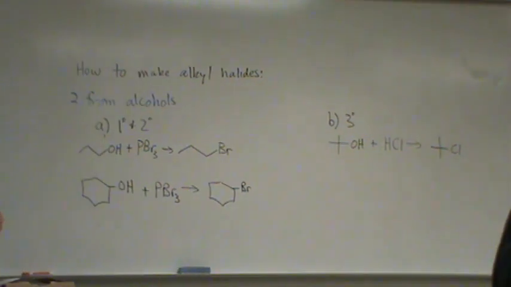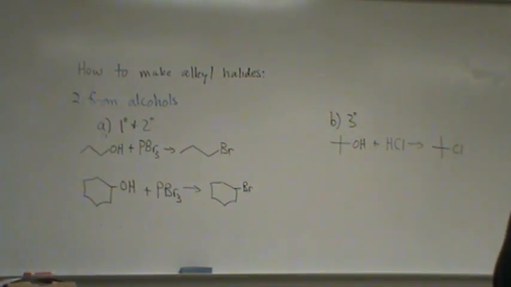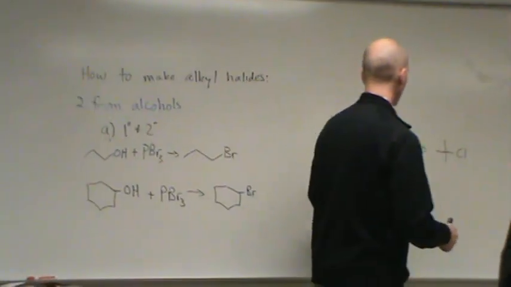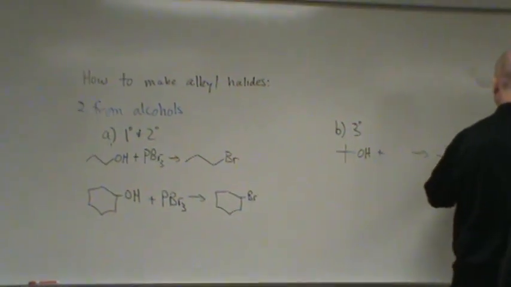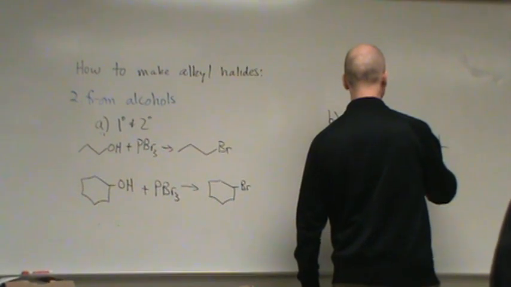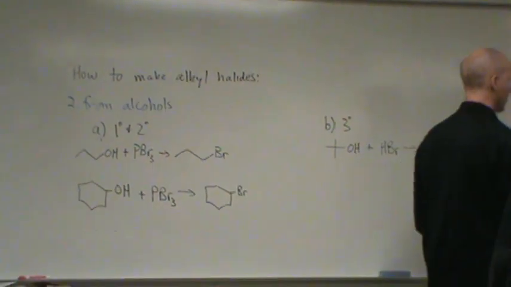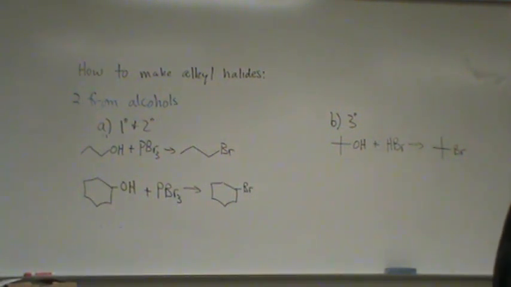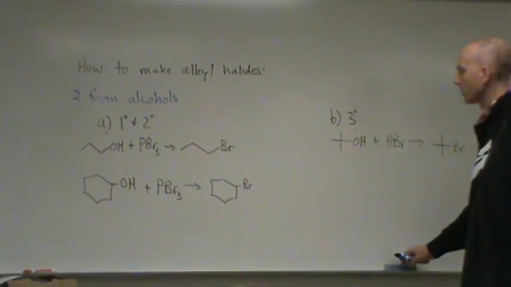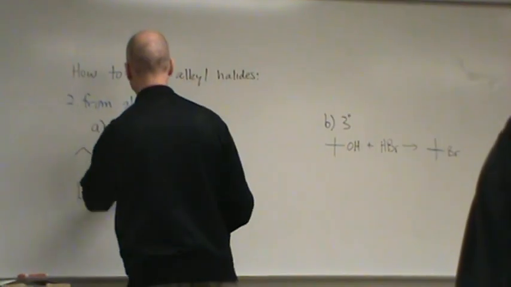If I had the tertiary case, I've got to use HBr to get the T-butyl bromide. Questions on that? Let's look at one more halogen, and that's the iodide.